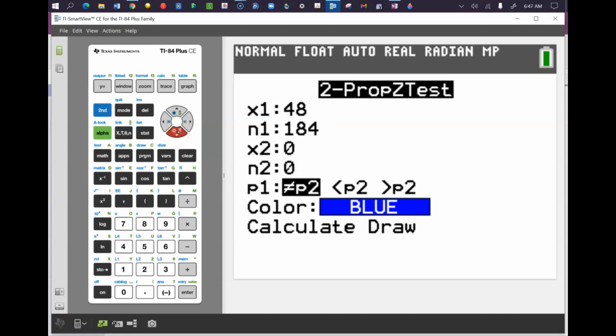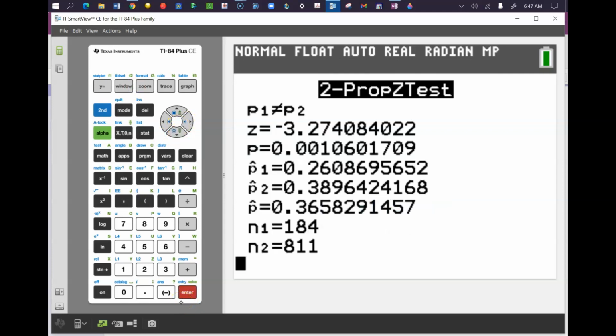For the second group, it was 316 out of a total of 811. And our alternative hypothesis was not equal to, and we are going to actually calculate this. All right.